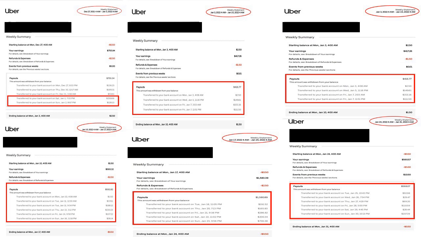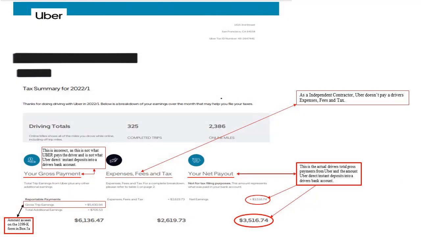Now, why does that number sound familiar? Because it's the same number that we find right here. That's right, folks. $3,516.74 is what Uber has listed as your net payout when it is actually your gross payments from Uber, and that number should be the number that shows up correspondingly on your 1099-K form in box 5A for January.